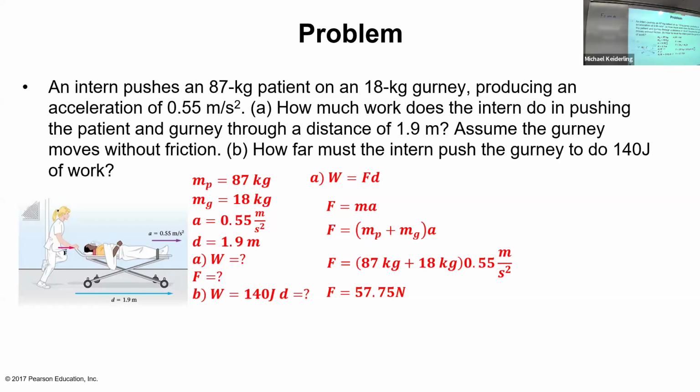That comes out to 57.75 newtons. I'm not rounding it yet, so I'm not done. 57.75 newtons times 1.9 meters gives us 110 joules of work.